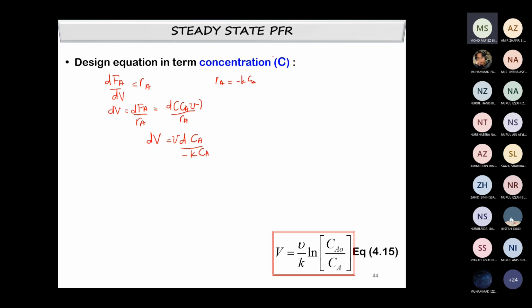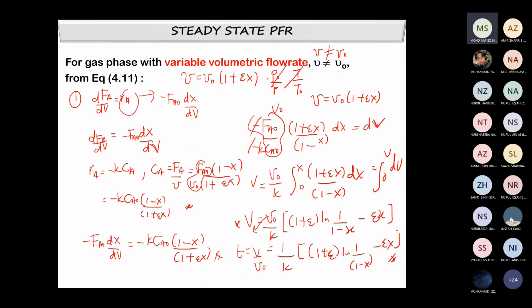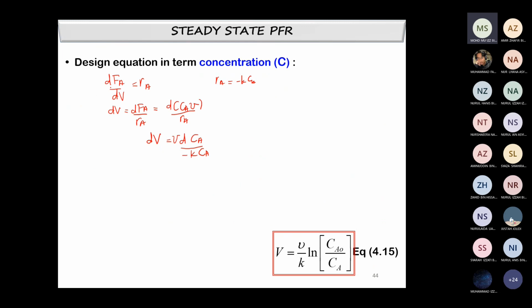Okay, so daripada situ yang ni kan you boleh terus daripada, tak perlu nak derive daripada sini, you boleh terus direct ke sini sebab kita nak tukar FA ni terus, tak ada masalah. Yang ni kita kena tukar dulu sebab kita nak dalam X. So make sure awak punya design equation ada X. Yang macam tadi boleh terus sebab F ni kita boleh tukar terus concentration. Macam itulah maksud saya.